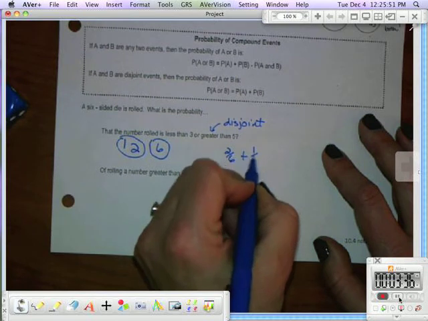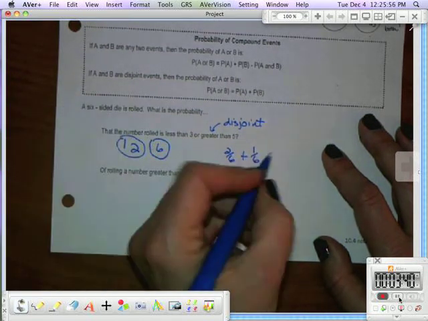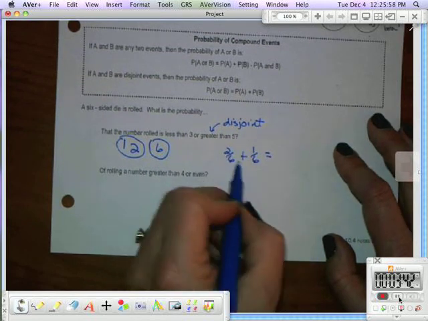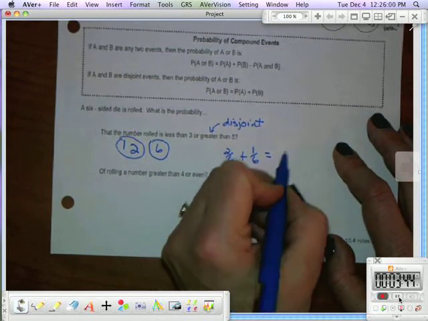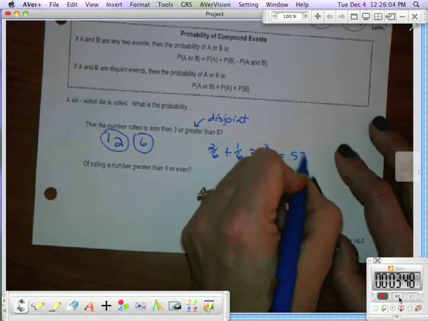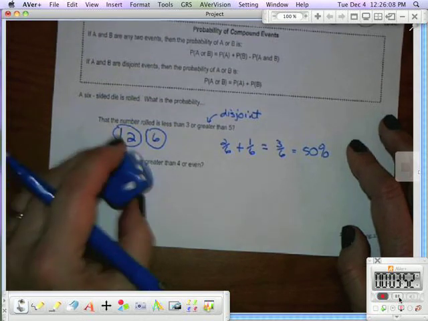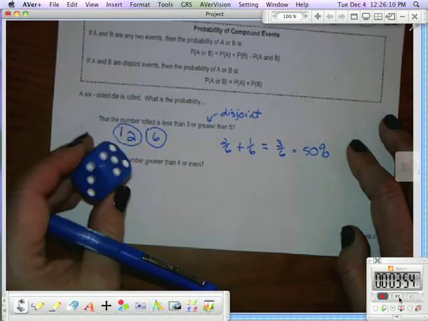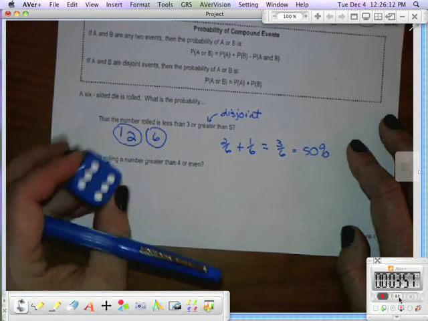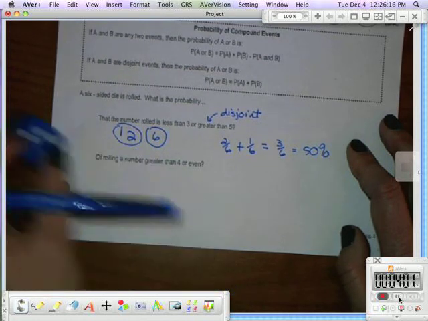Since the denominator is the same already, you just add the numerators. It'd be 3 out of 6, and that equals 50%. So you have a 50% chance, when you roll a die, of getting a number less than 3 or a number greater than 5, which makes sense because it's 3 numbers out of 6.